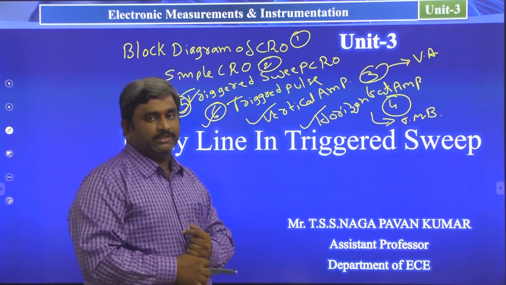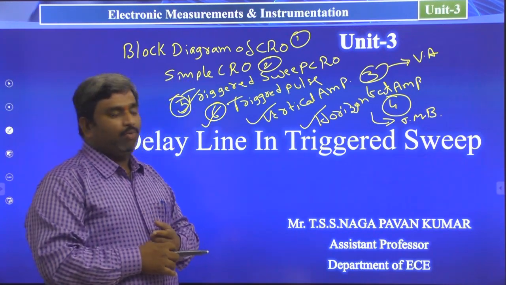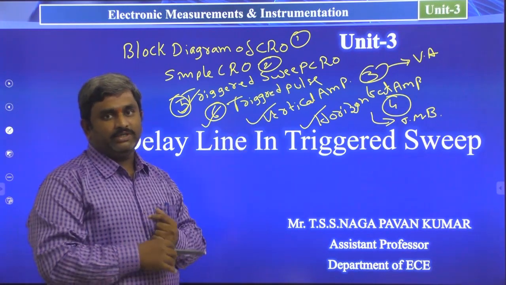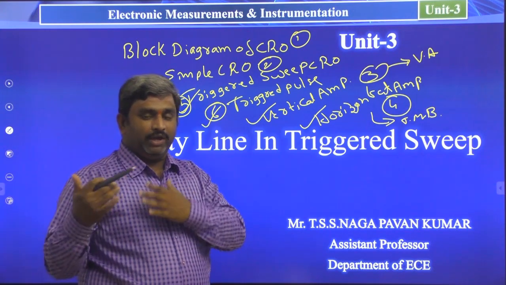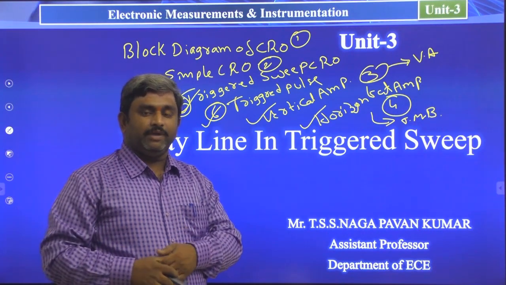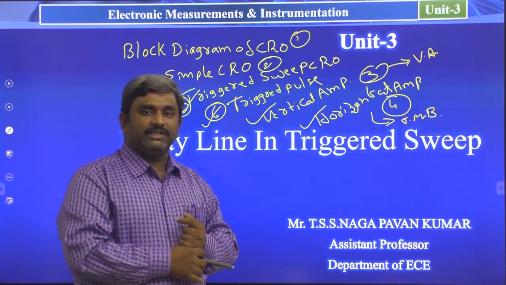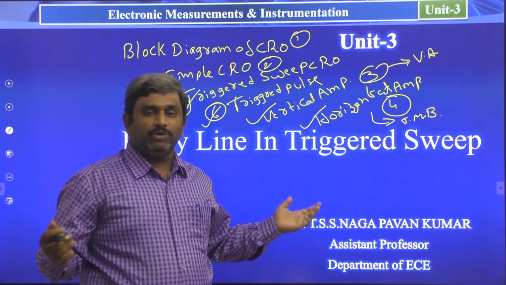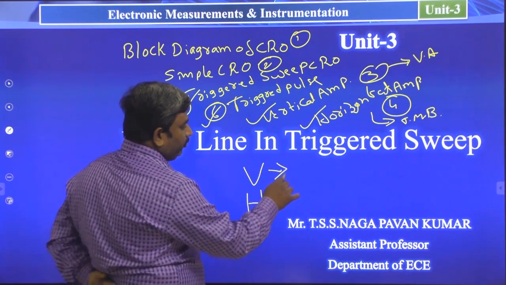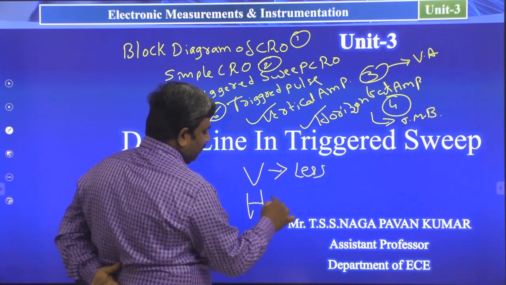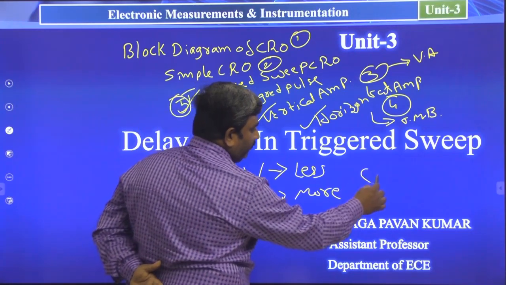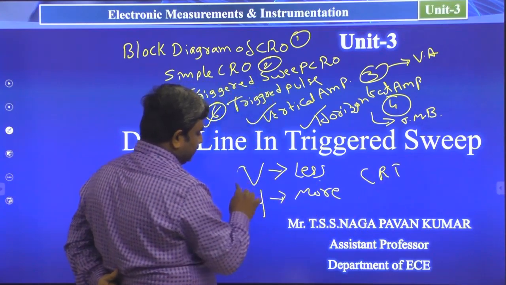For synchronization purpose, we are taking one more concept in the vertical direction. Why? Because in the vertical direction we have fewer components, and in the horizontal direction we have more components. The horizontal direction has to process the signal for a long time, but the vertical direction computes the signal within less time. But at the end, at the CRT, these 2 signals have to be synchronized.